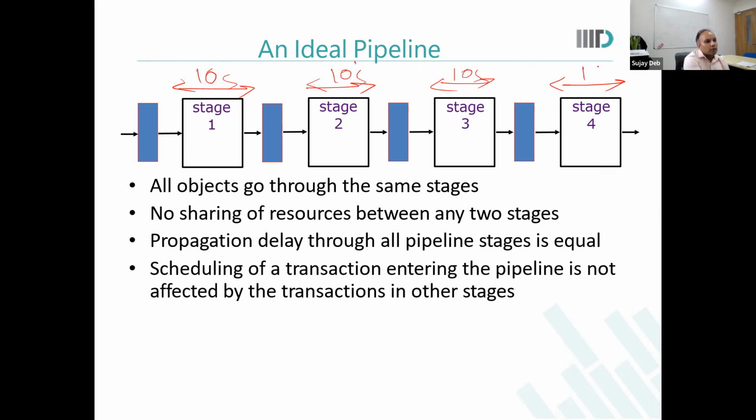Now, if one stage takes 8 seconds instead of 10, it will still wait for 10 seconds before it moves to the next stage, because of the mechanism of these gates, or sequencing elements. So these gates open periodically.